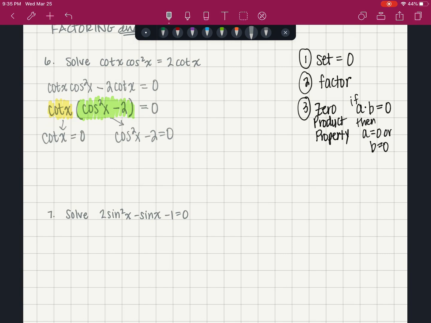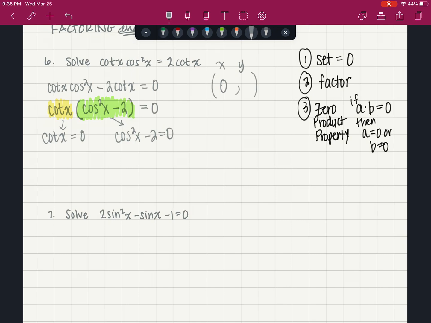The cotangent of x is equal to 0. Got to dig back into that unit circle. Cotangent is x over y. The only way we can get a fraction, remember x over y, is if the numerator is 0 and the denominator is not 0.